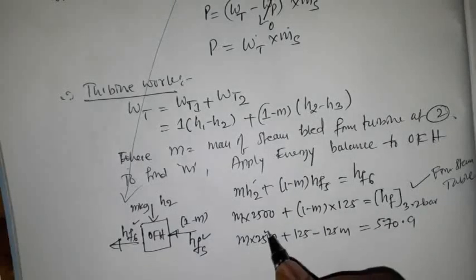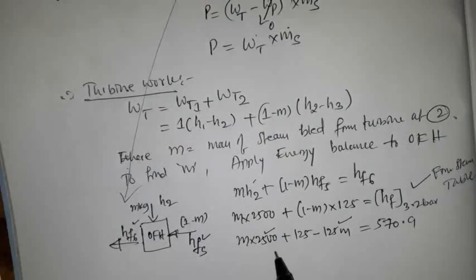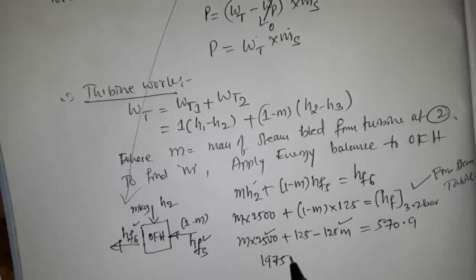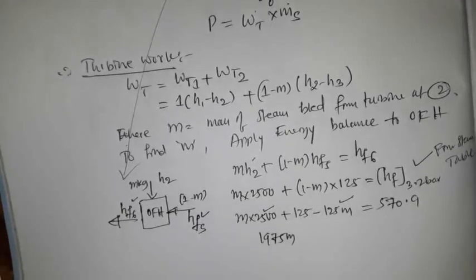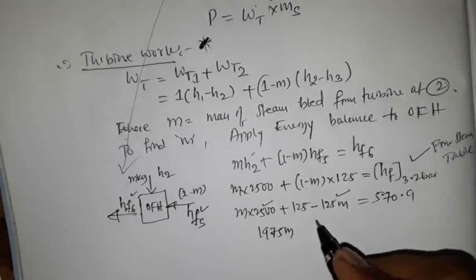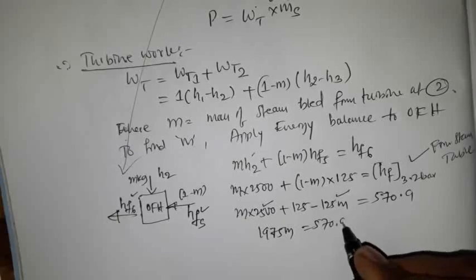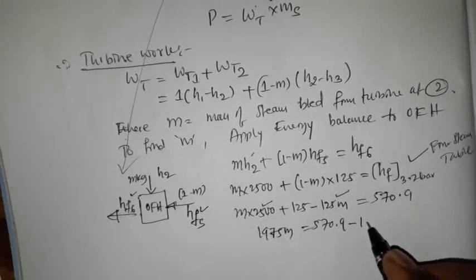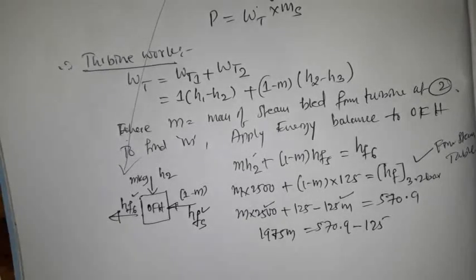If I simplify, I get 1975 M, which is equal to 570.9 minus 125.